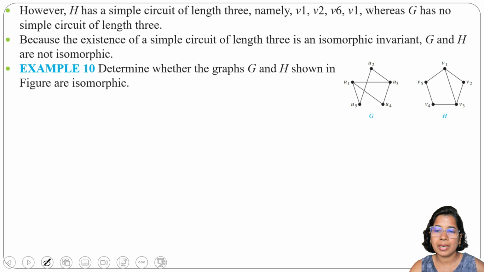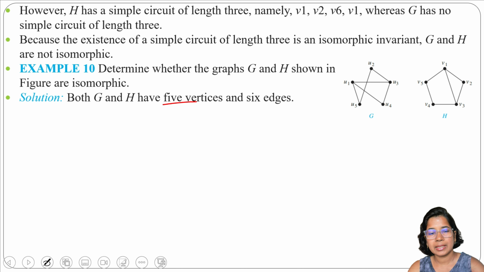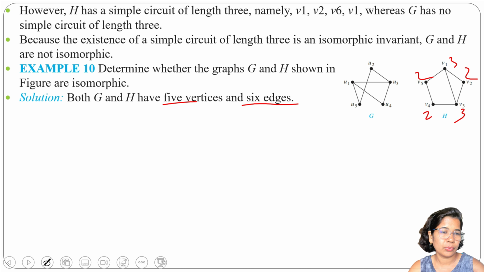Now, next example, example 10: determine whether the graphs G and H shown in the figure are isomorphic. Both have the same number of vertices, 5, and 6 edges. Next, both have the same degree sequence: 2, 3, 3, 2, 2, and here 2, 3, 2, 2, 3.